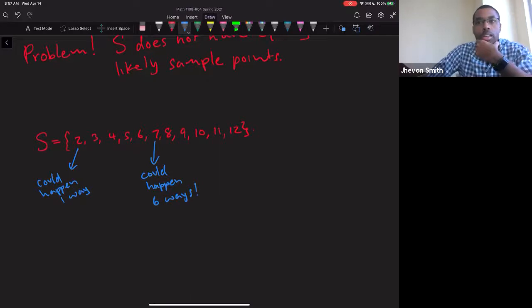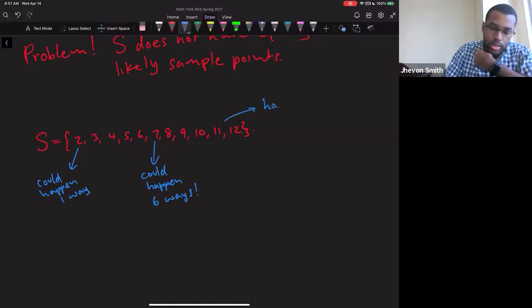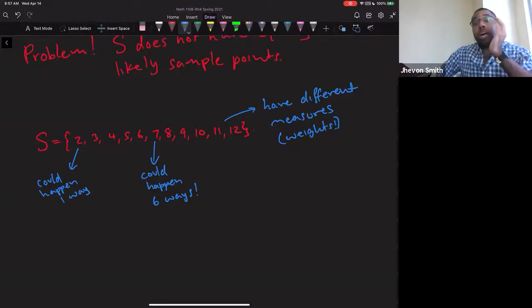Well, no, there are way more ways to get the 7 than there is to get the 2, and etc. So these guys have different measure. And so you'd have to take that into account.